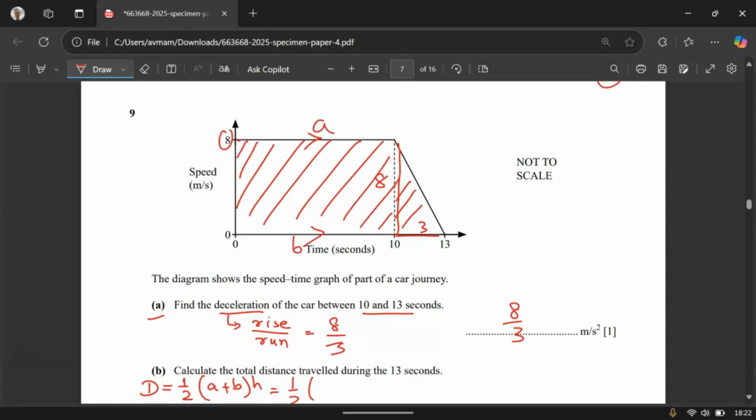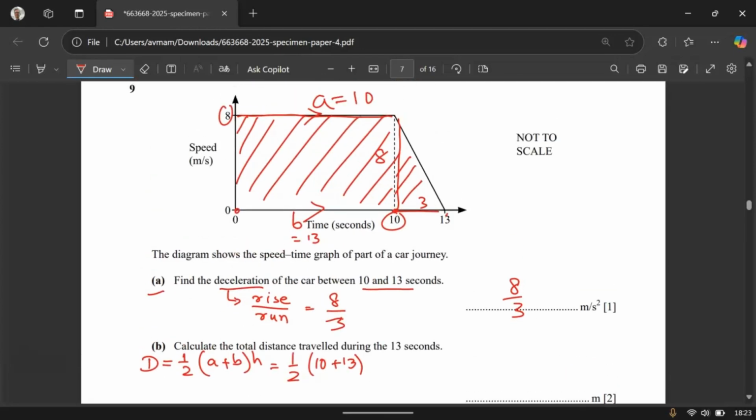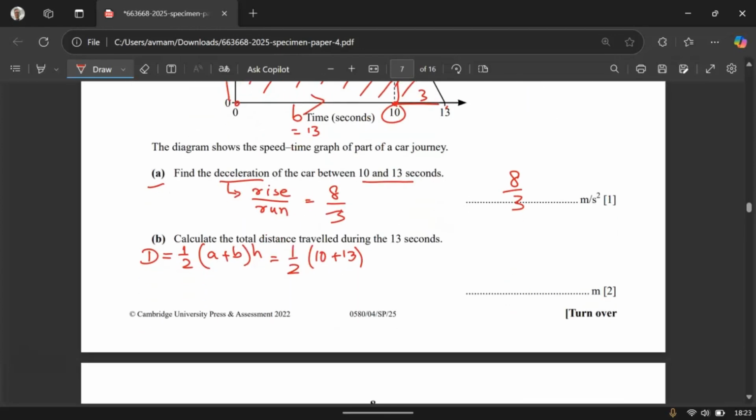So what is the length of a? All the way from 0 to here it is 10. So a has to be 10, and b is all the way to 13. So b is 13. So let's add 10 plus 13, and then the vertical height, as we know, is 8, times 8.